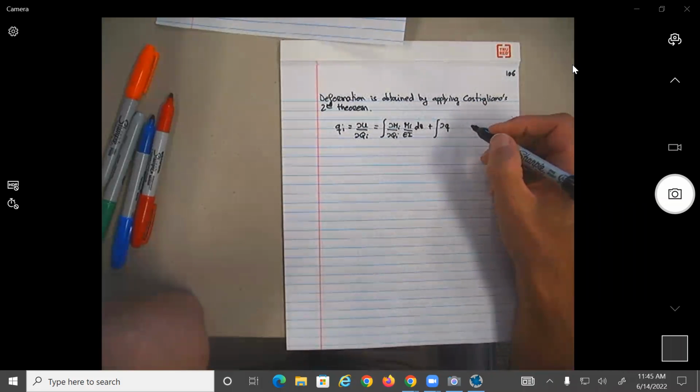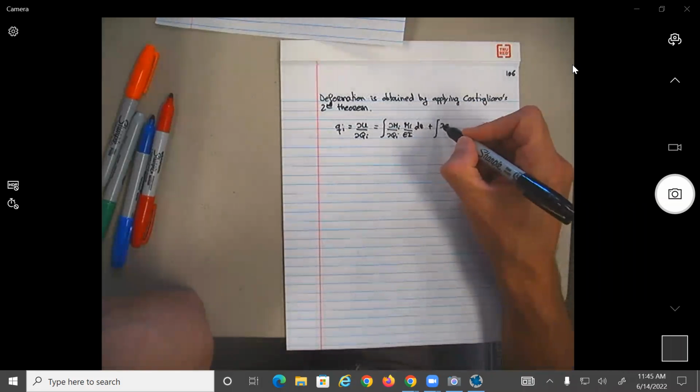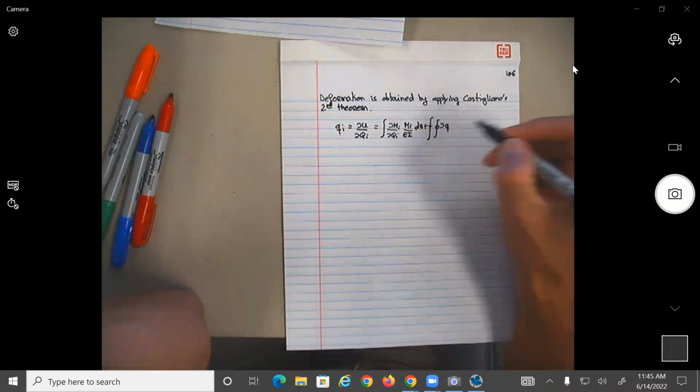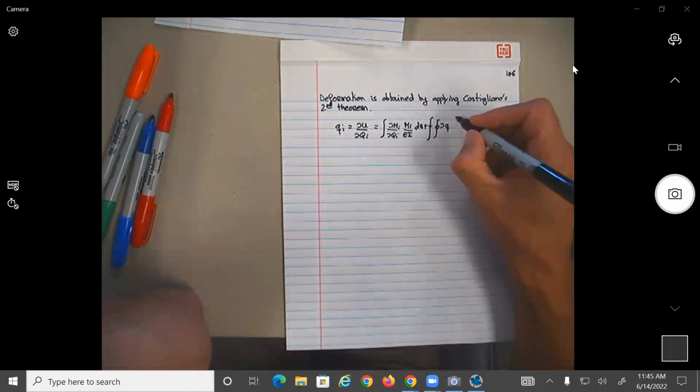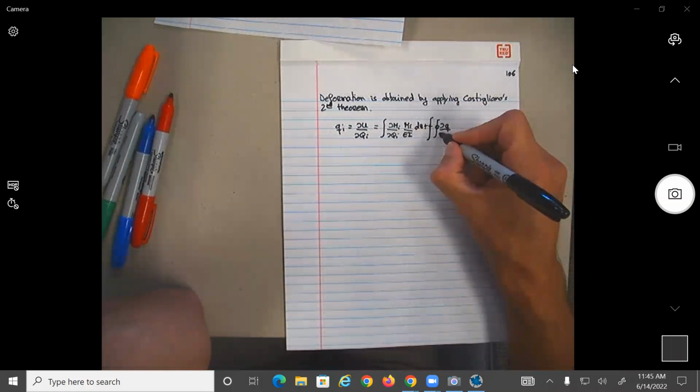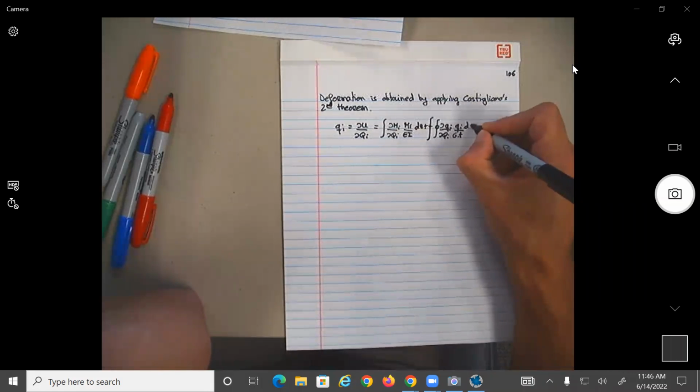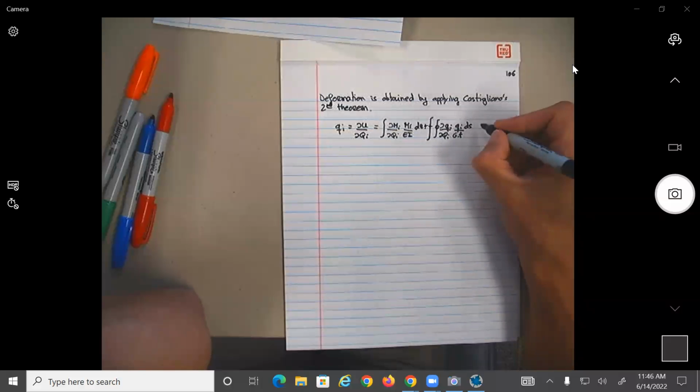Should be actually the double integral. So, all right. So let's do this. We're gonna have here a bigger interval, so it would be partial Q sub I over GT ds, and then this would be dz.